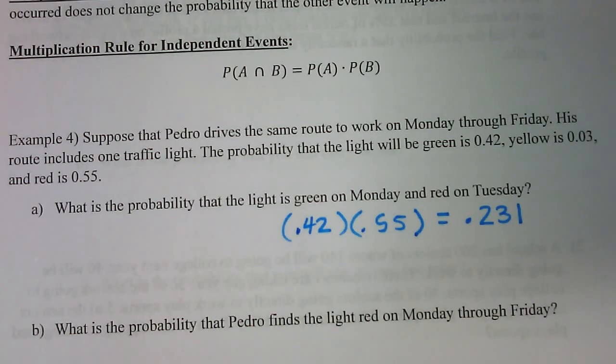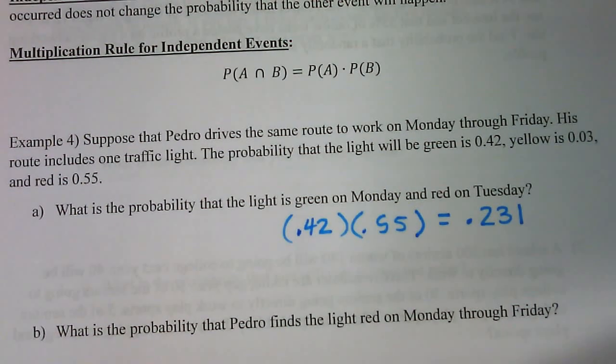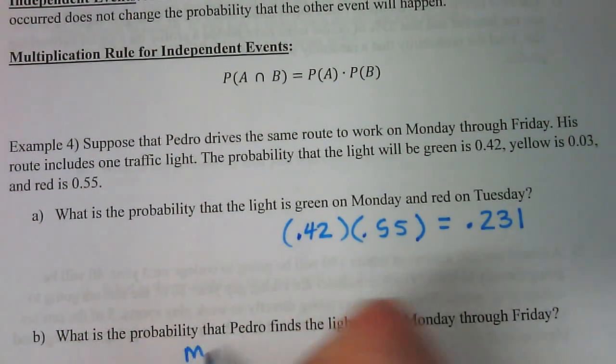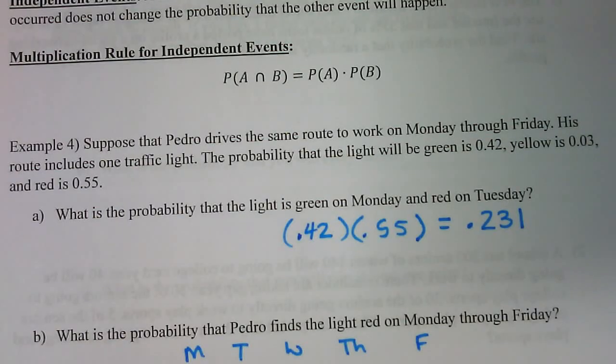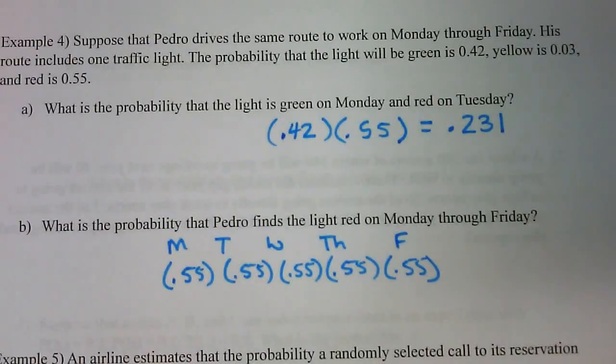What's the probability that Pedro finds the red light on Monday through Friday? So Monday through Friday would mean Monday, Tuesday, Wednesday, Thursday, and Friday. He gets red every single time. So if that happens every single time, we're going to use the probability for red every time and multiply all of those together.